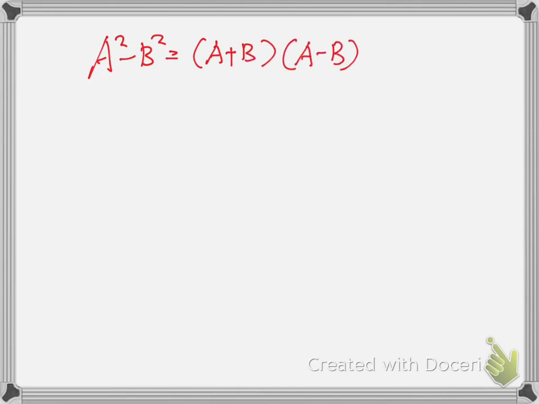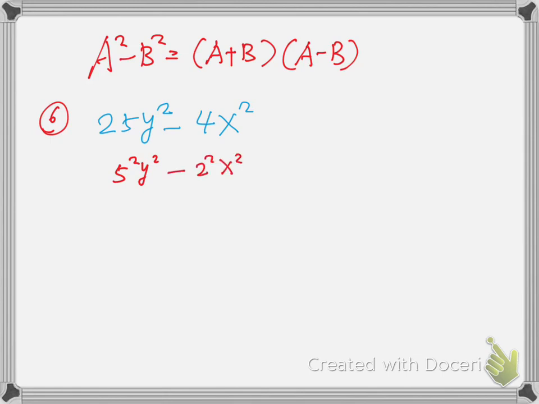Okay, so for the next two questions, we are going to use the a squared minus b squared formula. In the classroom, I already talked about this. So it's number 6, factor 25y squared minus 4x squared. 25 and 4 are perfect squares, so we got 5 squared y squared minus 2 squared x squared.